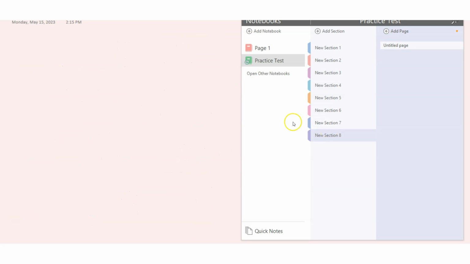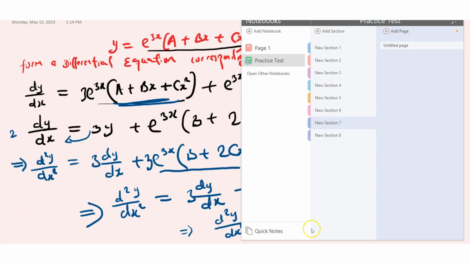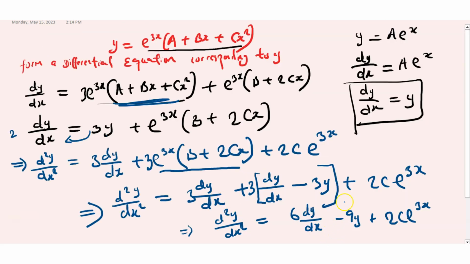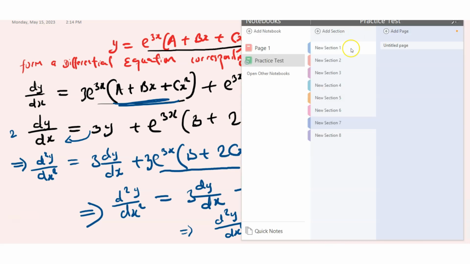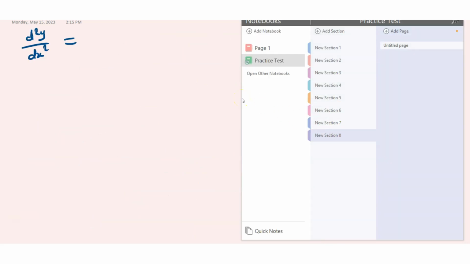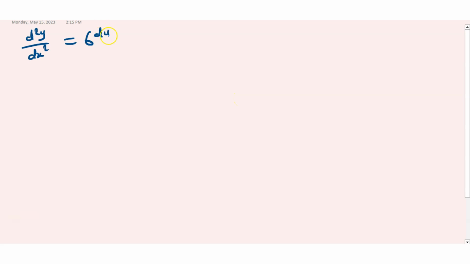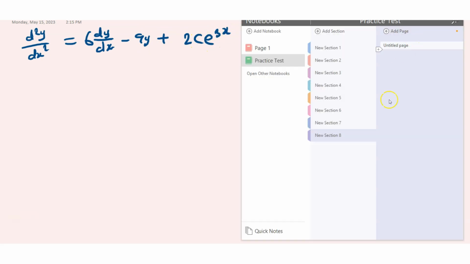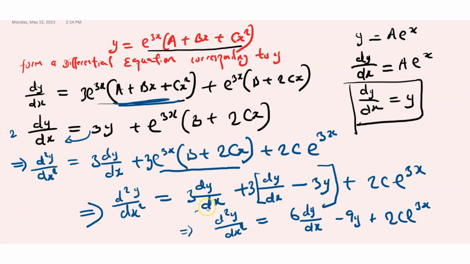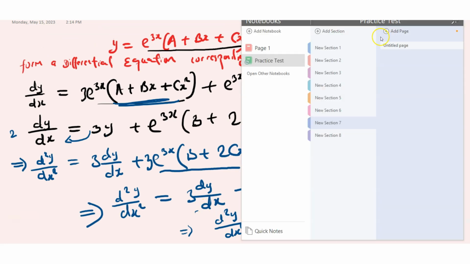We stopped at d squared y over dx squared equals 6 dy dx minus 9y plus, I believe, 2c e to the 3x. Let me confirm. So that is 2c e to the 3x.